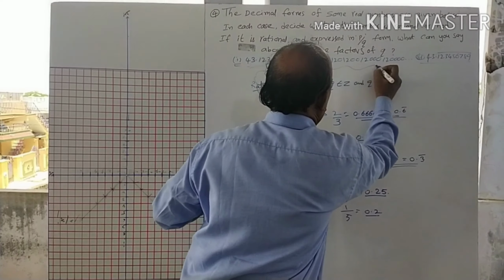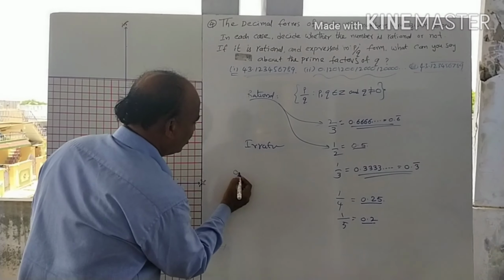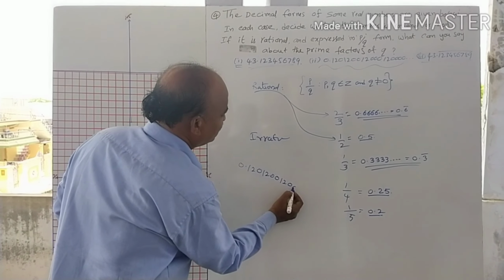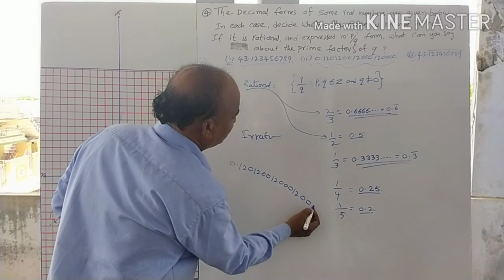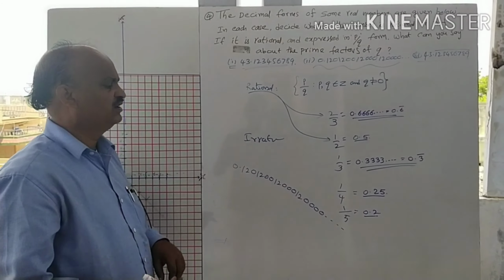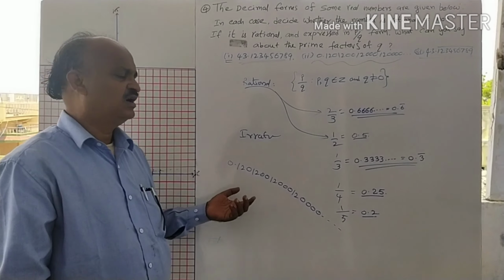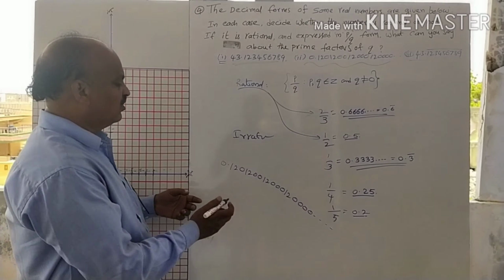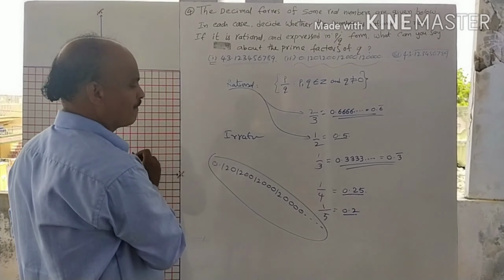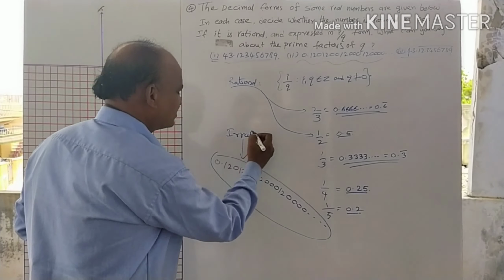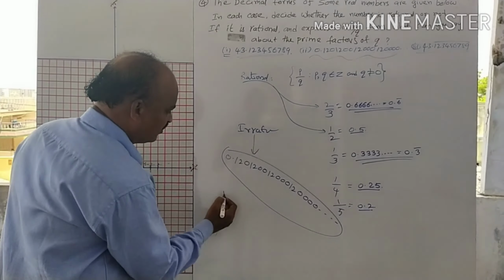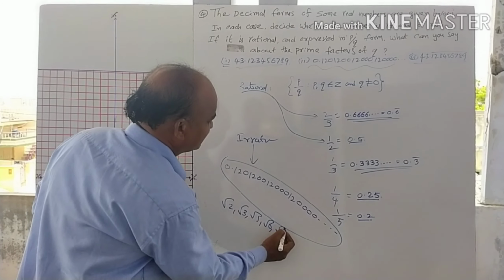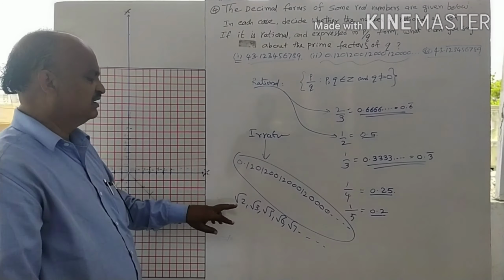In the second example, 0.120, 1200, 12000 and so on. Here, no digit or digits are recurring. So, this type of decimals are called irrational numbers. And also root 2, root 3, root 5, root 6, root 7 and so on.